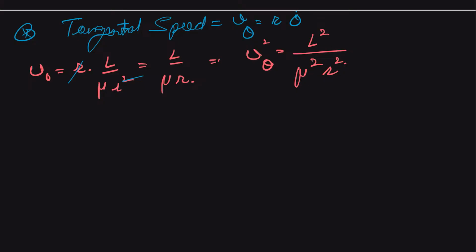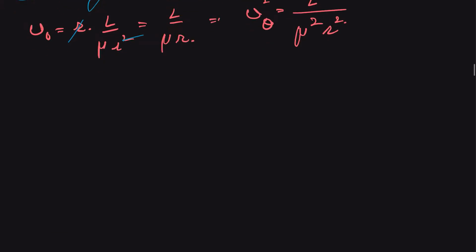So now we are going to find the total kinetic energy, and the total kinetic energy once again is going to have two components, radial as well as tangential. So let's find the total kinetic energy.